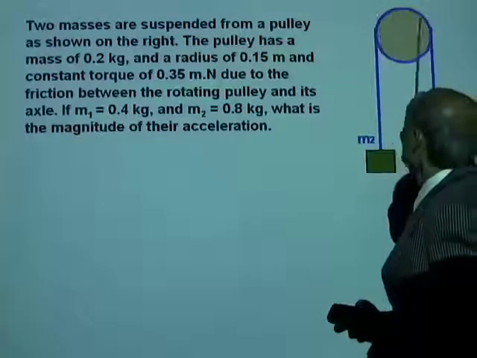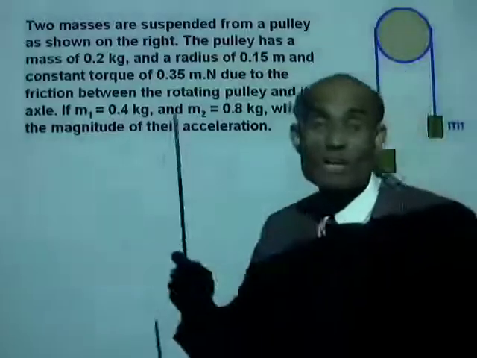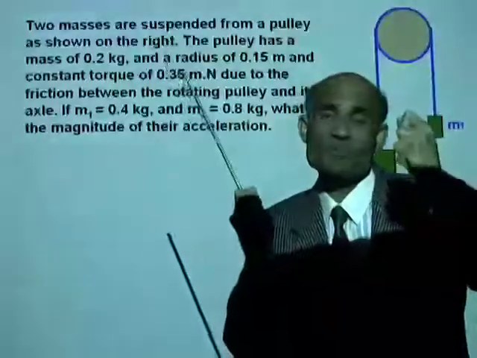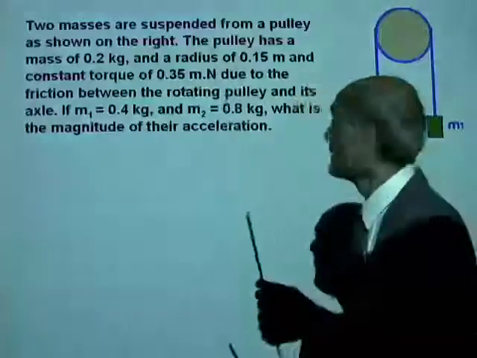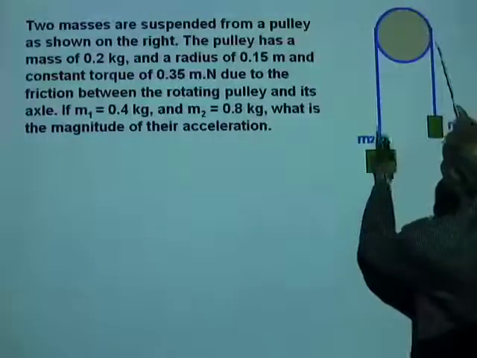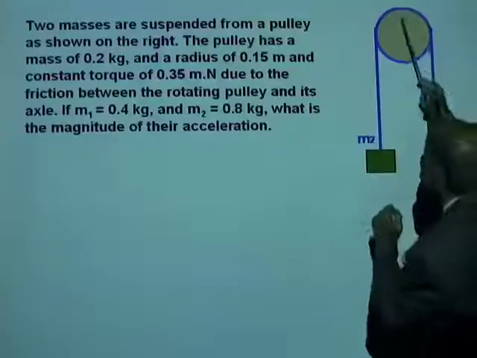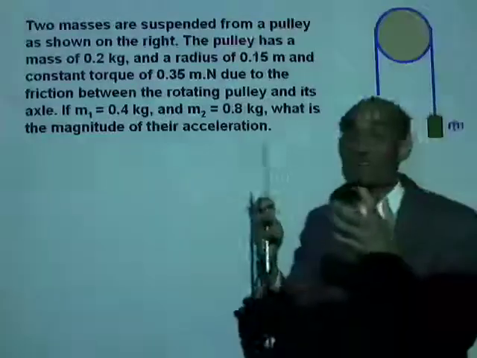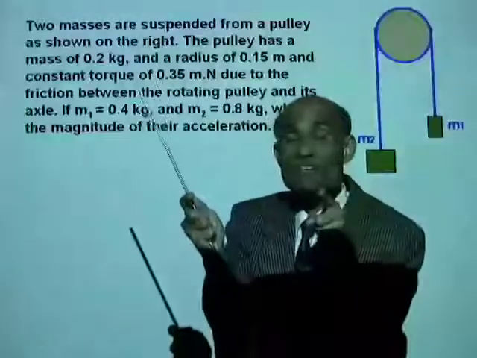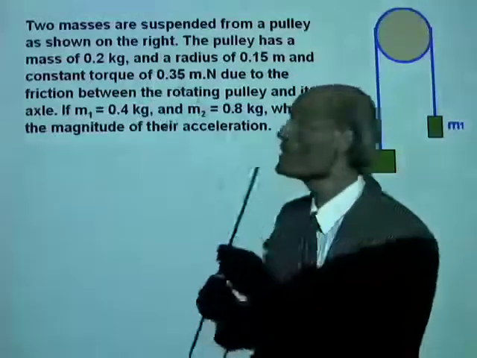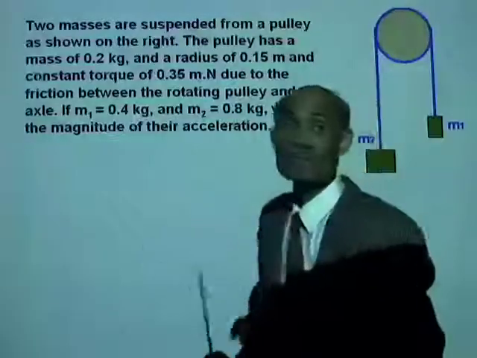But the pulley has a rotational motion. Now, what is the net torque on the pulley? There will be an external torque, and then there is a frictional torque. The net torque will be the external torque minus the frictional torque. And what is net torque equal to?